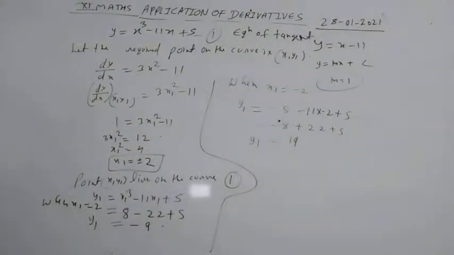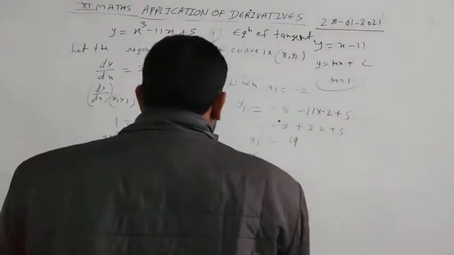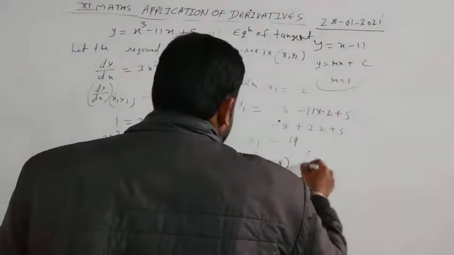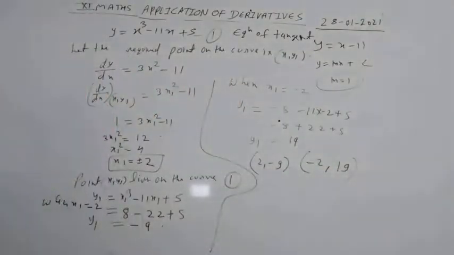Okay students, so y1 is this. So there are 2 points we are getting, which are (2, minus 9) and (minus 2, 19).